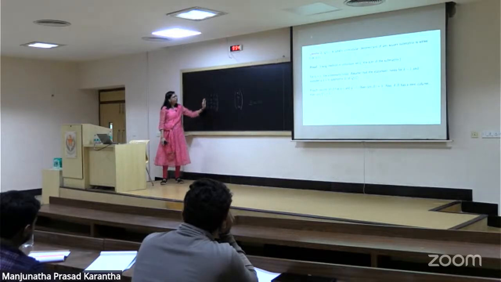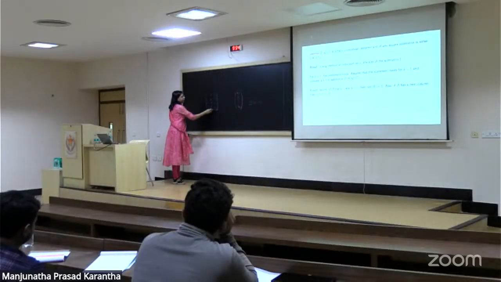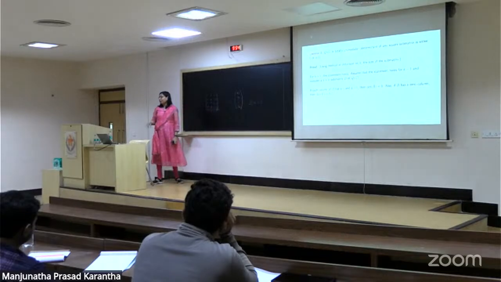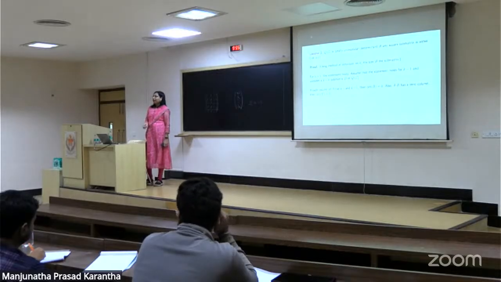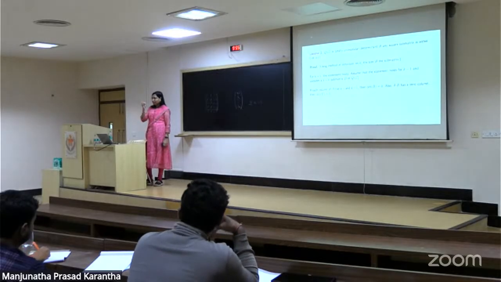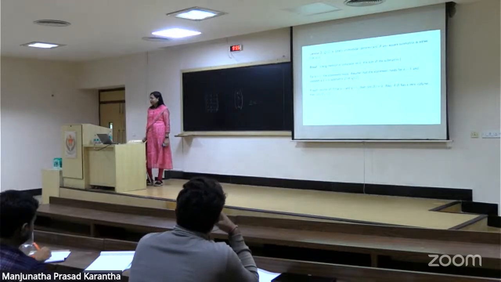So if each column in the submatrix has a 1 and a minus 1, then you know that the rows will be dependent. So the determinant will be 0. And if there is a 0 row or 0 column, then also the determinant will be 0.